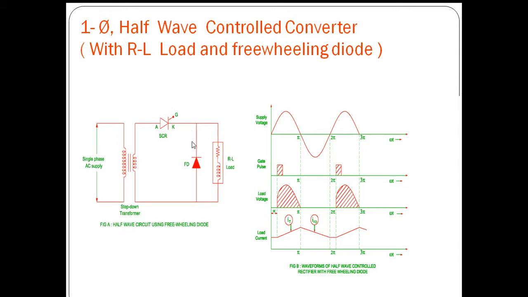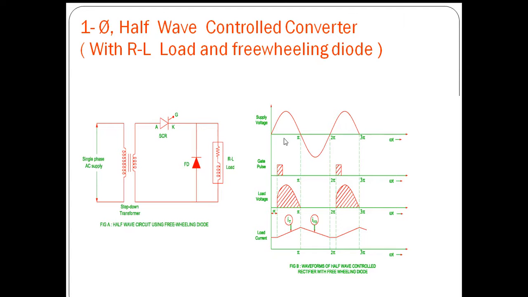In this circuit there is a triggering circuit available with the SCR, but we are not showing it. Here we have the gate terminal. At the instant when we apply the pulse, the device goes into conduction in forward bias.